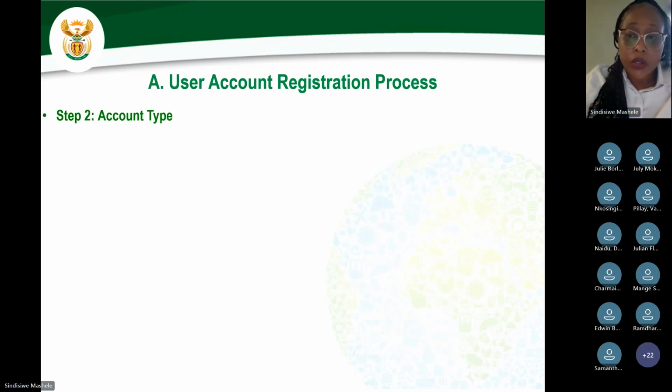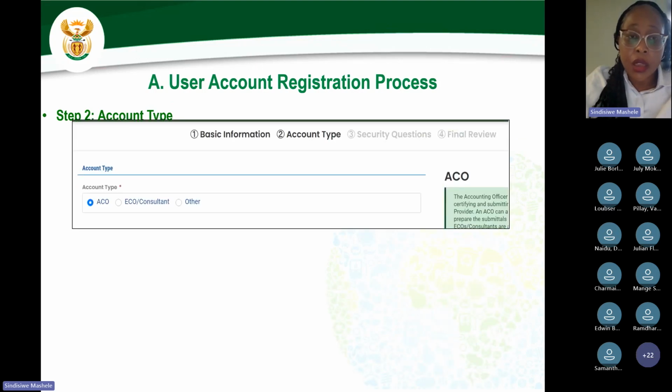But what's critical here is the registration of the account type. Under account type, there are 3 different account types in the system. We have the ACO account, the ECO account, or consultant, or other.